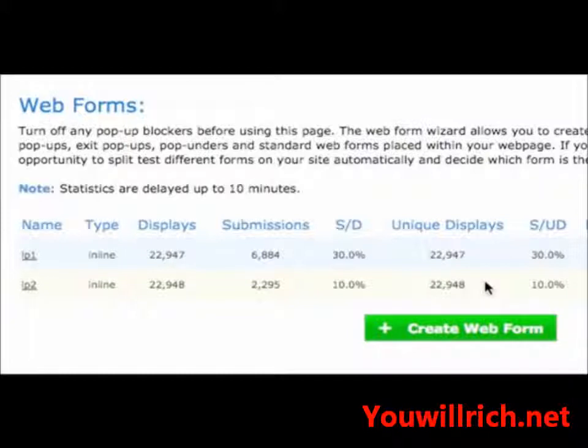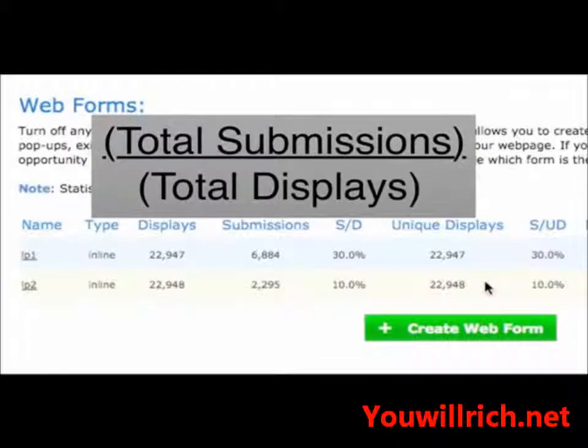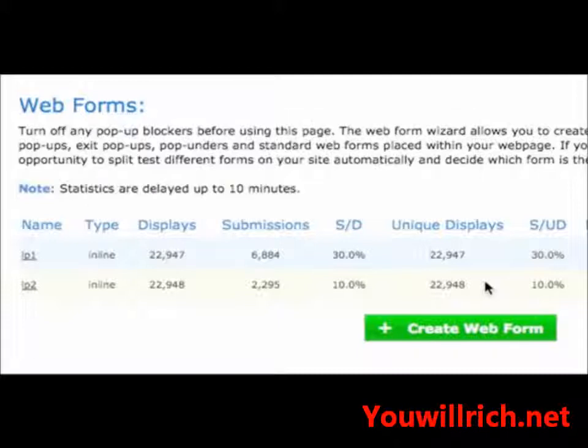I'm pulling up a calculator on my iPhone. We have a total of 6,884 plus 2,295, so 9,179, divide that by, this is going to be a little tougher. So roughly around 20% of people are actually signing up to the form. So about 1/5, I was right in my original guess. That is extremely good.